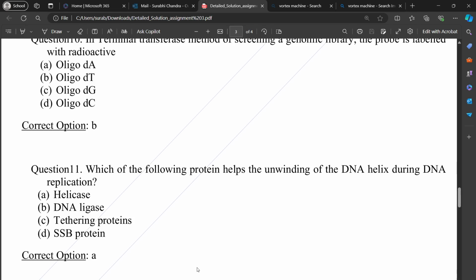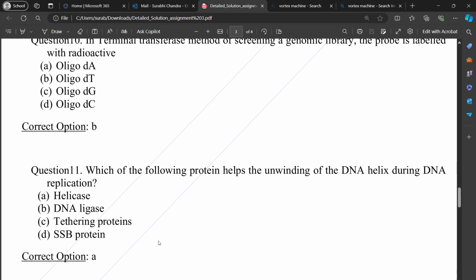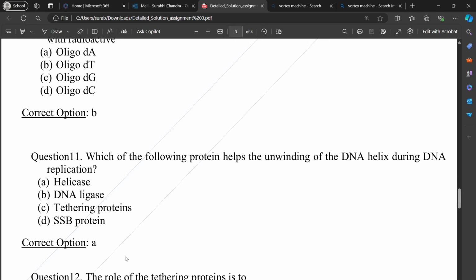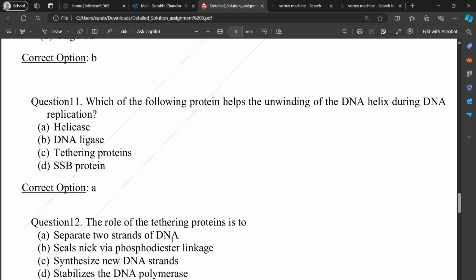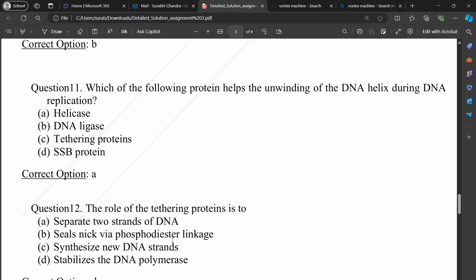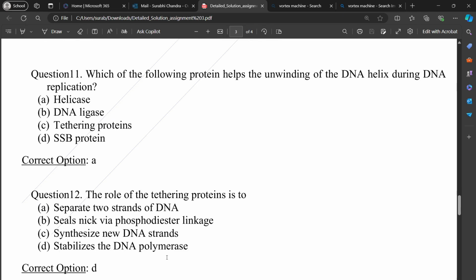The single strands are stabilized by SSB protein, or single stranded binding protein, after the double stranded DNA has been separated into single stranded template strands. Now, the role of the tethering proteins is, now you have the answer. Yes, stabilizes the DNA polymerase.